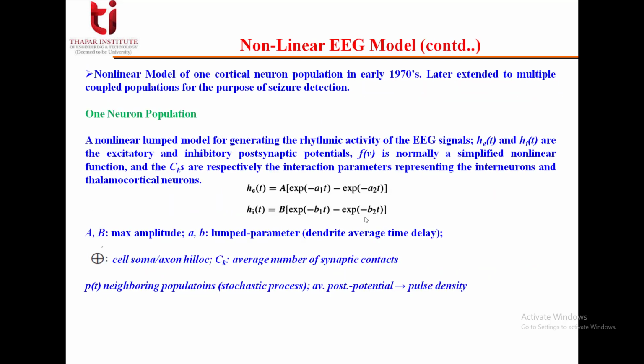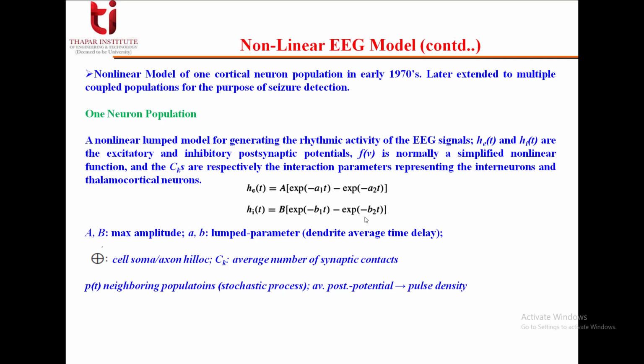This is a nonlinear model of one cortical neuron population that was suggested in the early 1970s, and later it was extended to multiple coupled populations for the purpose of seizure detection. So we'll discuss this one neuron population model.